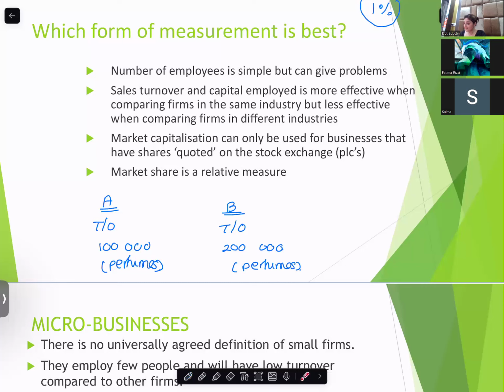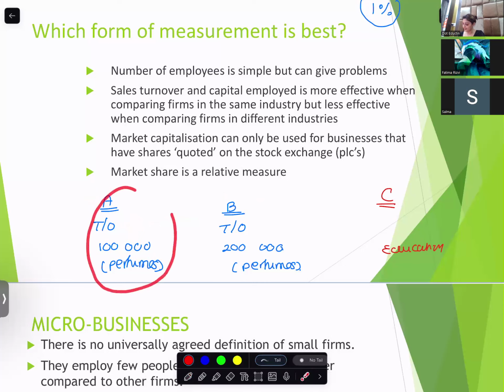So when you are comparing firm A and firm B within the same industry, then sales turnover or capital employed is good. But if you're comparing firm A and firm B in different industries, then this measure is not good. Suppose firm C is in the industry of education, then you cannot compare it.